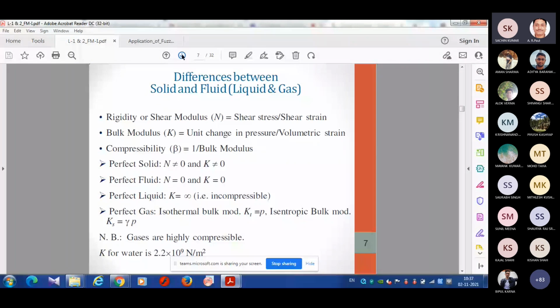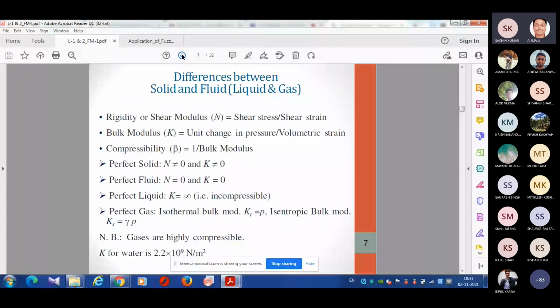Like the bulk modulus of water: it is 2.2 into 10 raised to 9 Newton per meter square. Because in the expression of bulk modulus, in the denominator, volumetric strain is non-dimensional, being the ratio of volume to volume. So the unit of bulk modulus will be just the unit of pressure. You all know the unit of pressure is Newton per meter square in the SI system.